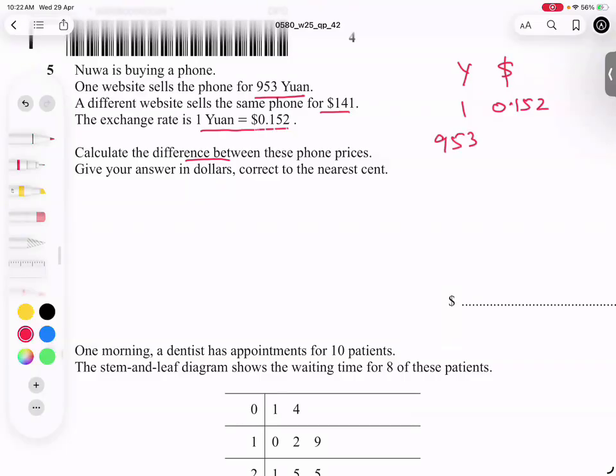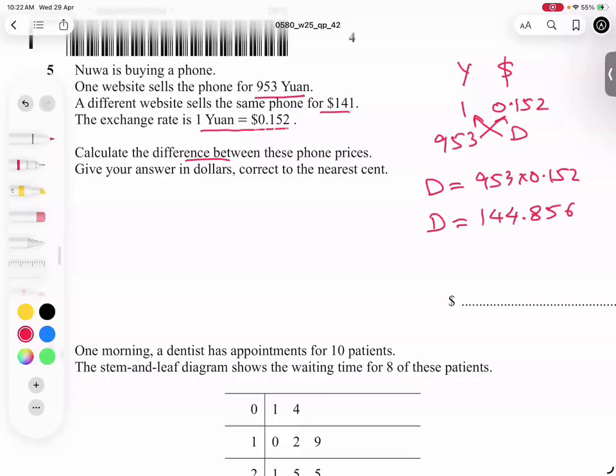And 953 yuan is equal to how many dollars? This multiply and this multiply. So 953 times 0.152. Now, students, if you multiply 953 times 0.152, it is giving us 144.856.